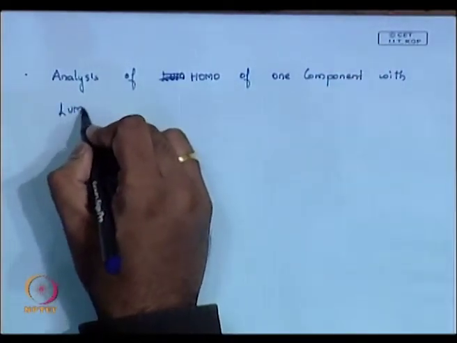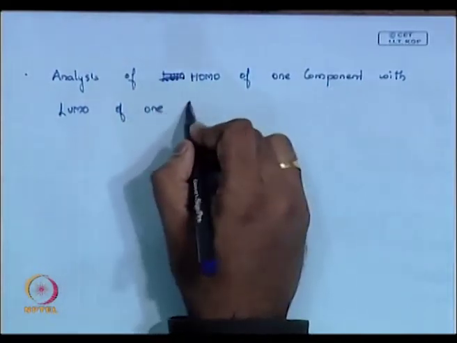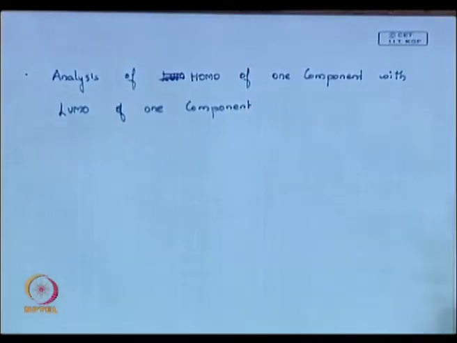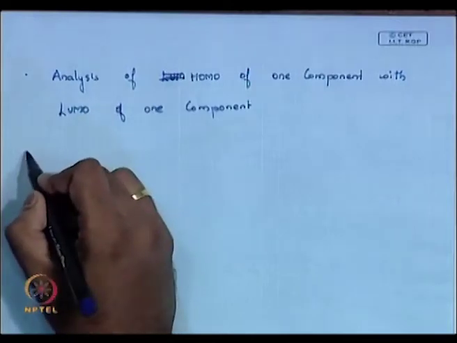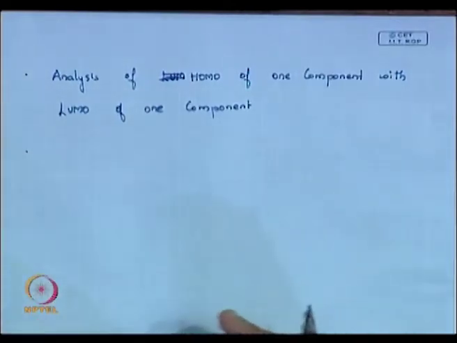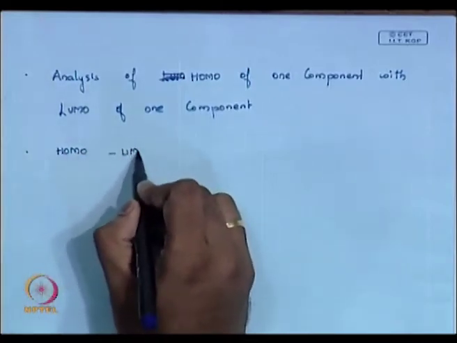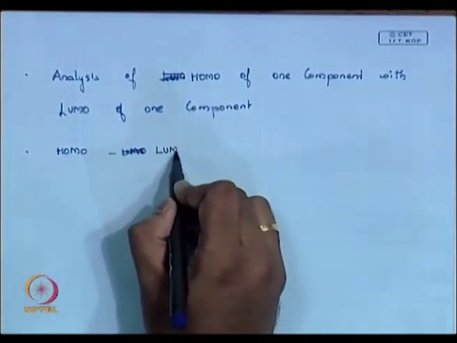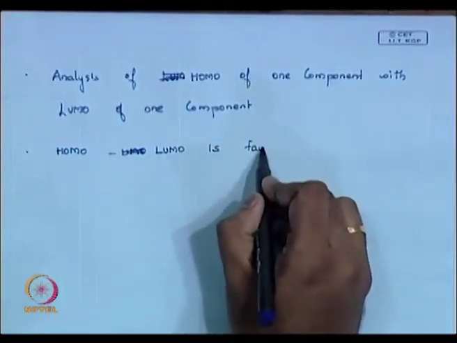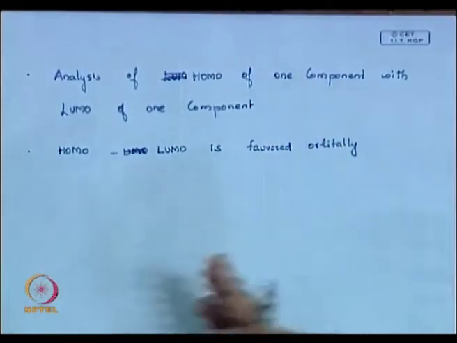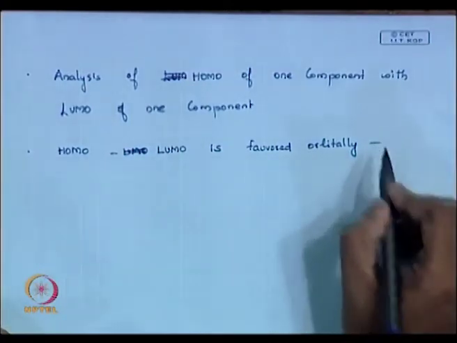Whenever you see a reaction, immediately you consider the HOMO and the LUMO, and see whether they are favored, that means their phases are the same, which I will tell you in detail. The HOMO and LUMO is favored orbitally. I will explain in detail what is favored orbitally. Then you say the pericyclic reaction proceeds.